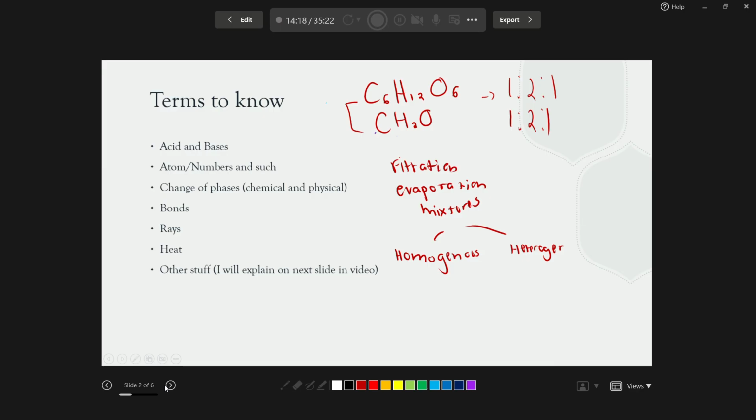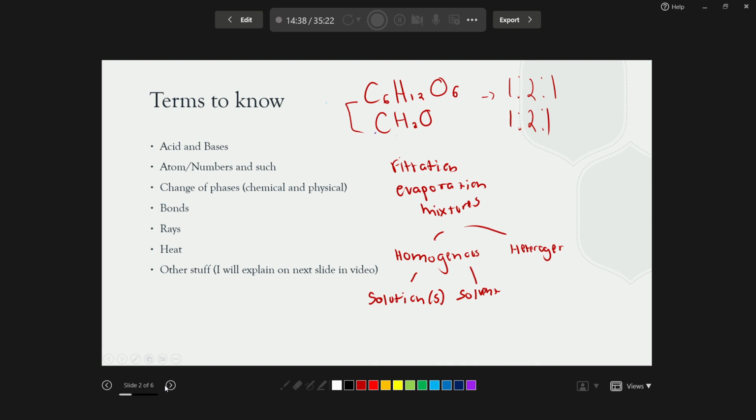This is when one of the components is usually liquid, which is going to be called the solvent, and the other one is going to be called the solute, which is usually the one that is being dissolved.